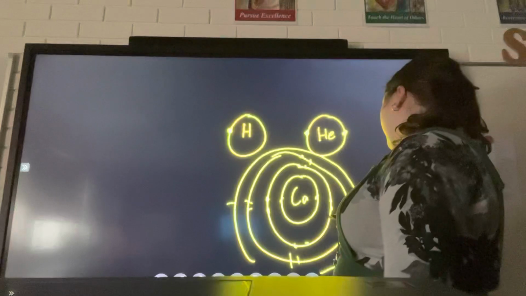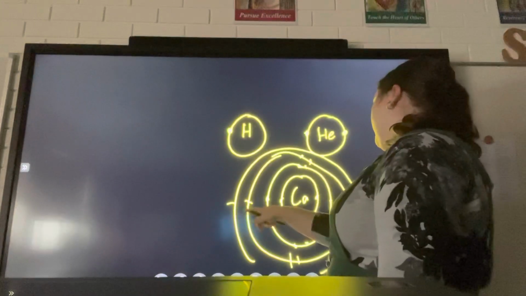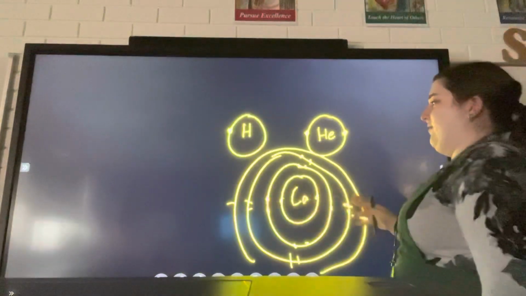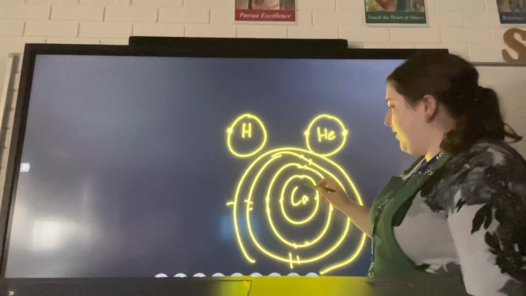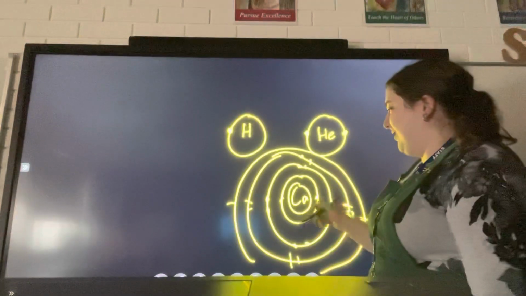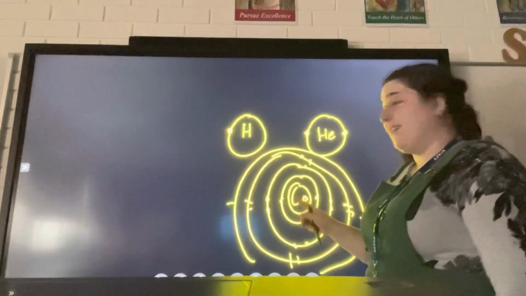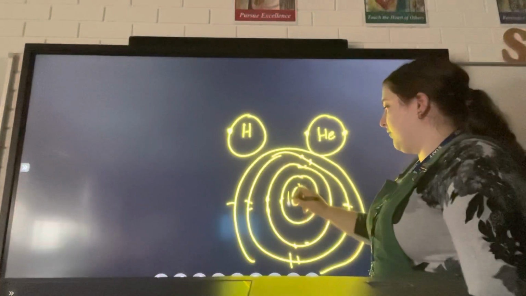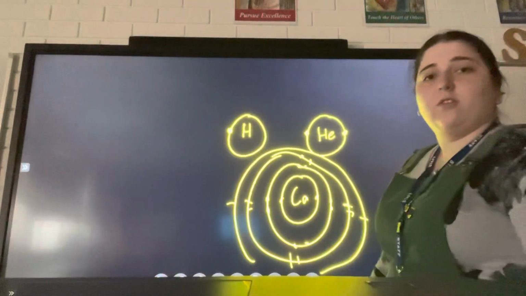Okay, 8 and 8 is 16, 2, 18, 20. Right? That's it. That's the biggest one you're going to have to draw. You should be able to draw that diagram with the correct number of rings. I don't want to see another ring around calcium like that. Because what that's saying is that there is an electron shell here that is empty, which is incorrect. Calcium only has 4 shells. I should only see 4 circles around it, no more.